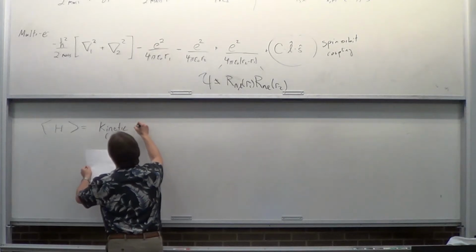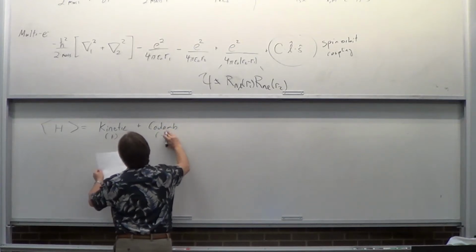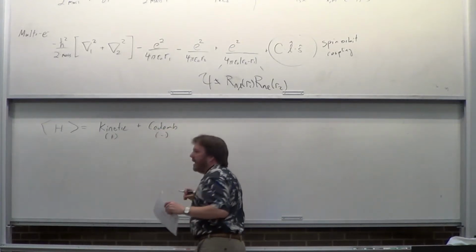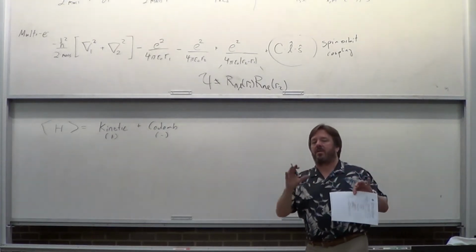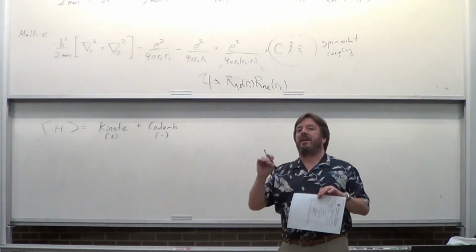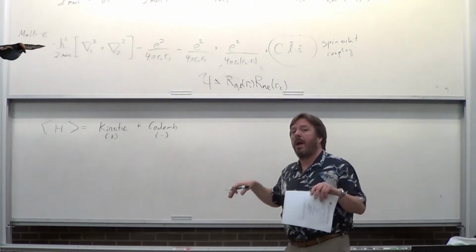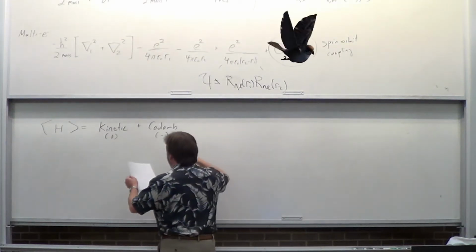You're going to get Coulomb. That's pretty much guaranteed to be negative. The attraction, that's a little hard to say because the electrons repel each other, that's positive, but the nuclear electron interaction is negative, and that's way, way, way, way powerful, right? So overall, these tend to be negative.